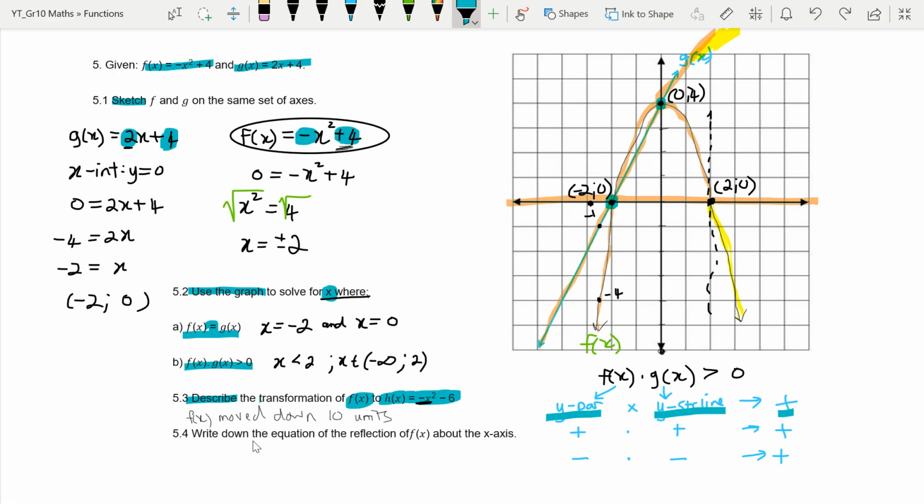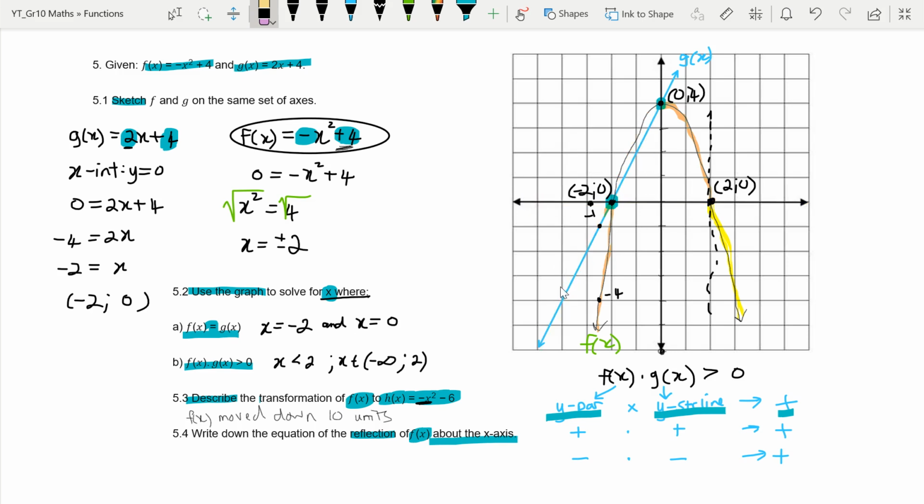Write down the equation of the reflection of f of x about the x-axis. What does that mean? I find that students sometimes just say, well, I had no idea what they were asking me. So if they are saying we need to get the reflection of f of x, again, we need to reflect the parabola. Let me just get rid of some of these lines that are unnecessary.